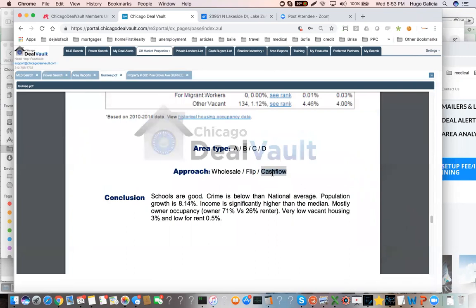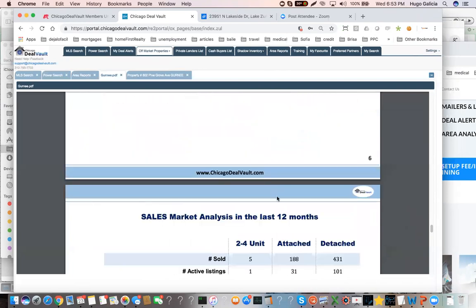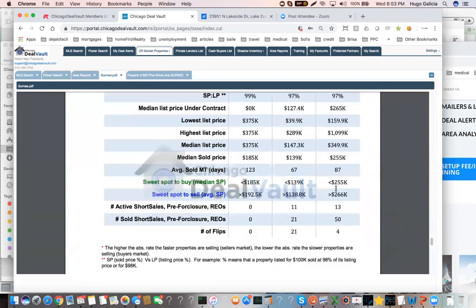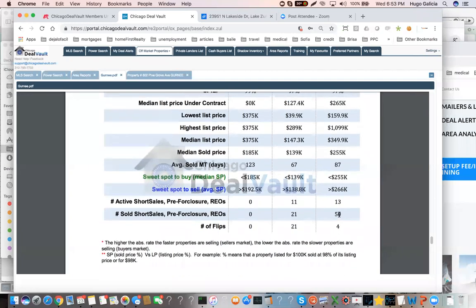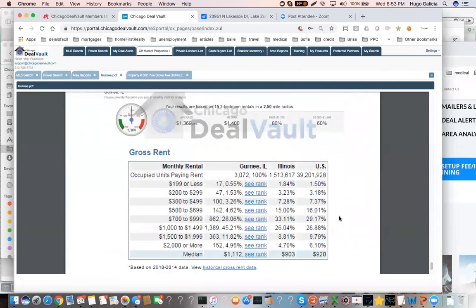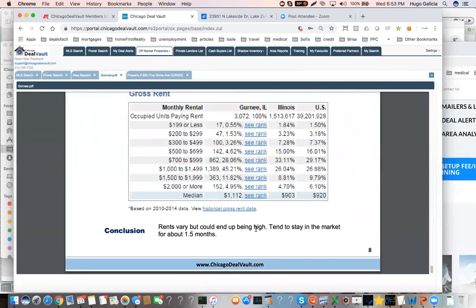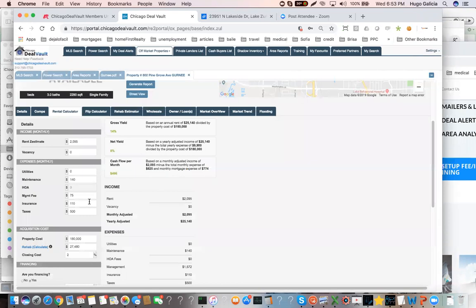So it totally makes sense to do a cash flow approach. Now, the rental market: the rents are high and they stay in the market for about a month and a half. So that is why it makes sense on this property to do a buy and hold. Okay, you're going to be cash flowing 500.